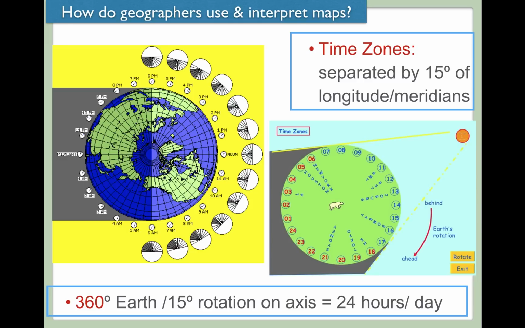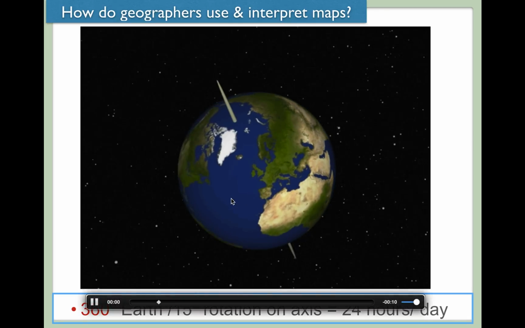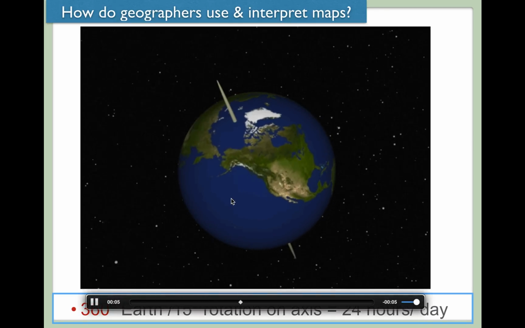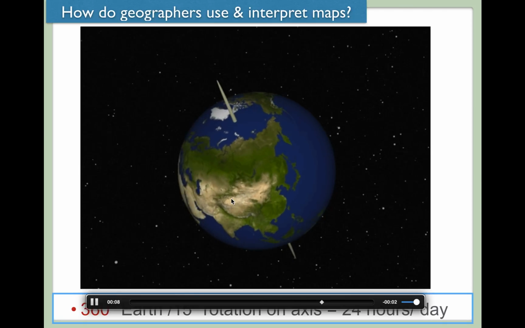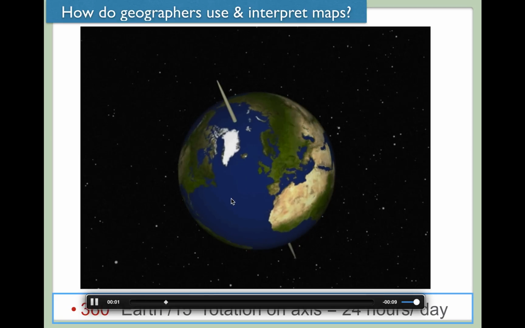Another way to use these lines of longitude and latitude is through time zones. Time zones are actually quite simply dividing the Earth into zones of 15 degrees longitude. If the Earth is 360 degrees, it's a sphere, and the Earth rotates through 15 degrees of longitude for each hour.